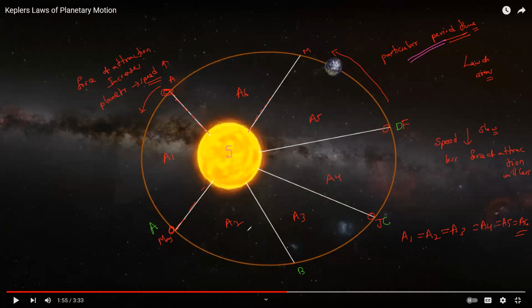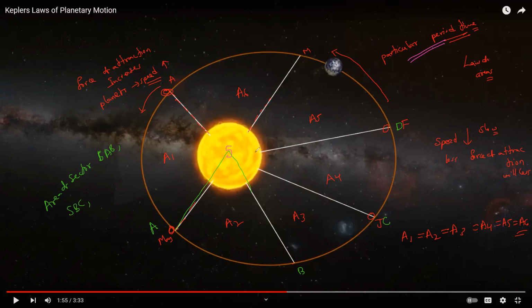Now, according to Kepler's second law of planetary motion, you can take the area of the sectors. What is the first sector? The area of sector SAB. Next, the area of sector SBC.